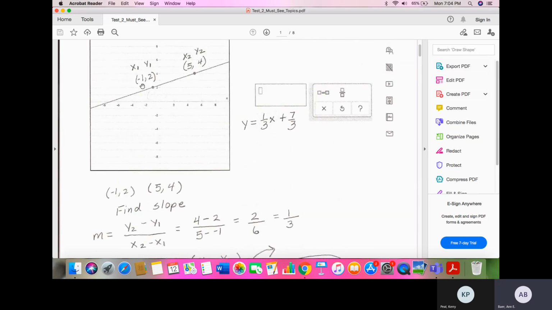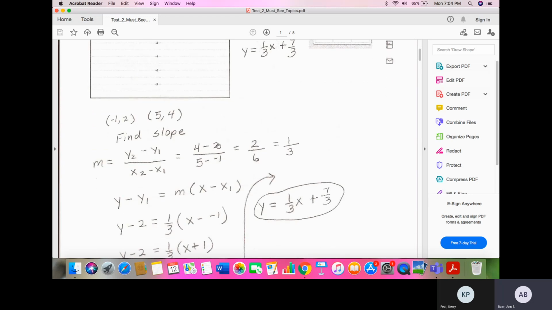We see that x sub 1 is negative 1. So I wrote down negative 1. So let's just first finish this calculation. 4 minus 2 is 2. 5 minus a negative 1 is 5 plus 1, which is 6. And then this reduces to 1/3.